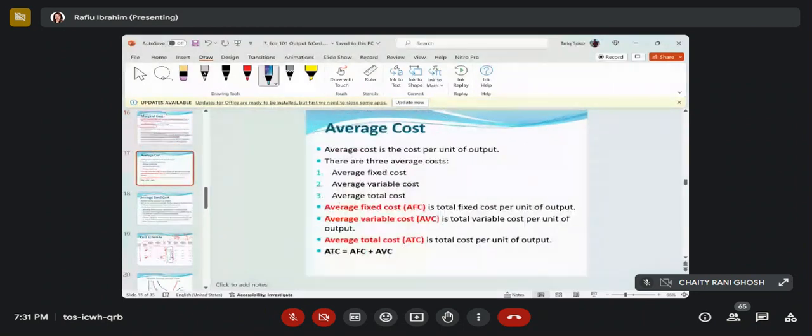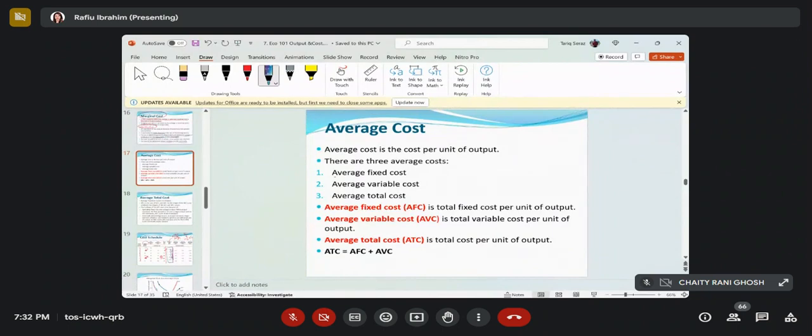Okay, moving on to the average cost. Okay, so average cost খুবই easy. We have to find the average of any variable, the total divided by the total quantity, right? So average cost is exactly the same, the total cost divided by the total output. Now that the total cost has two parts, fixed cost and variable cost, average cost will also have two parts, average fixed cost and average variable cost.